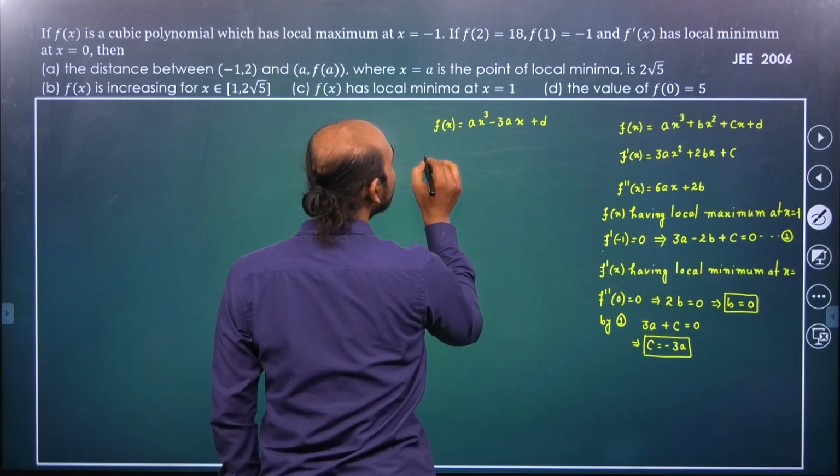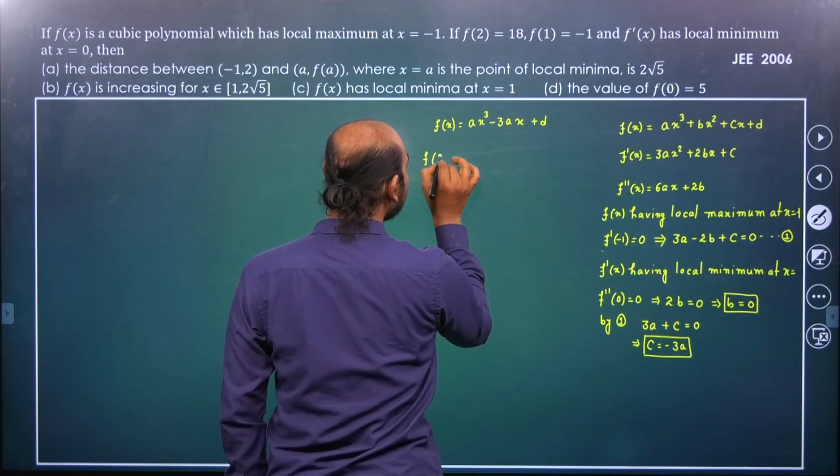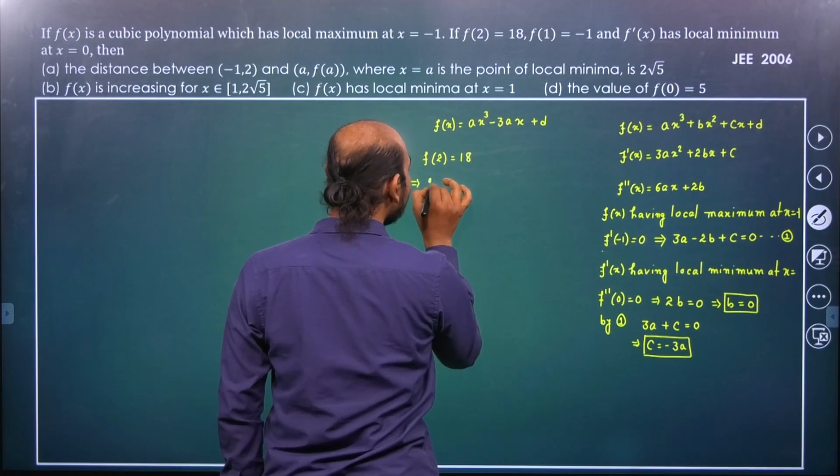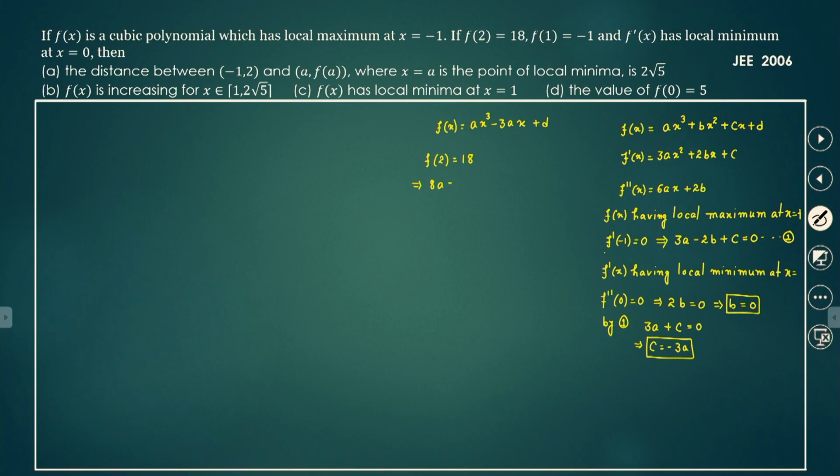Now we can easily calculate that using this information. Let us consider the first one, that f(2) is equal to 18. That implies 8a minus 6a plus d is equal to 18. So 2a plus d is equal to 18. Mark that as equation number 1.